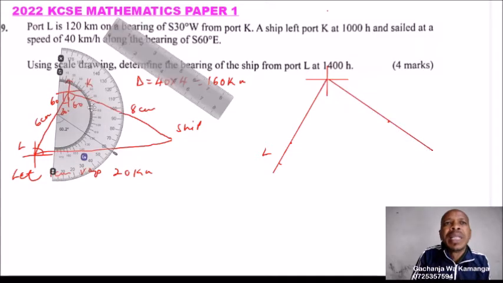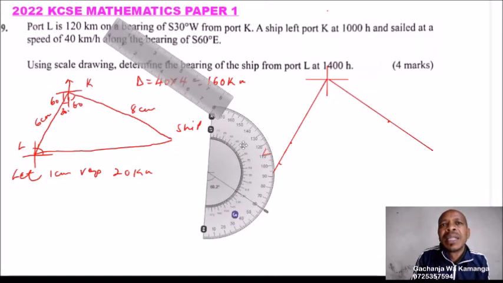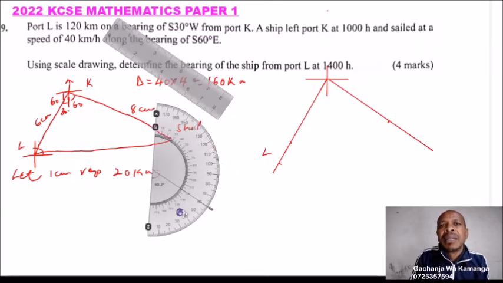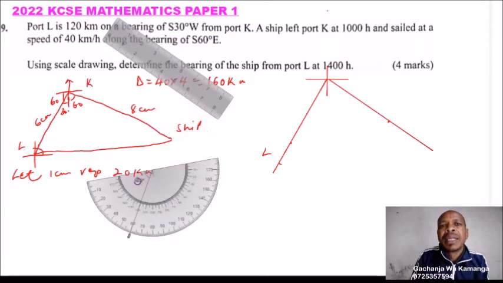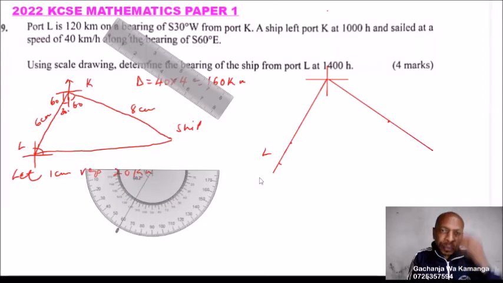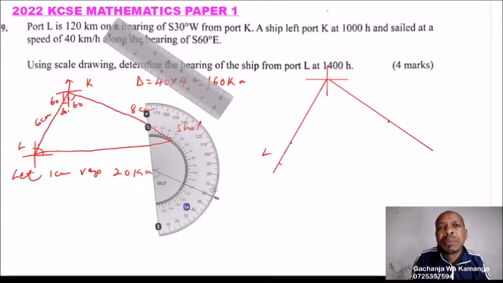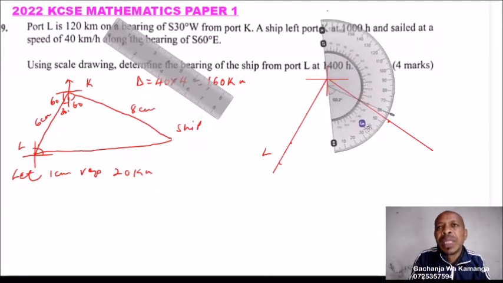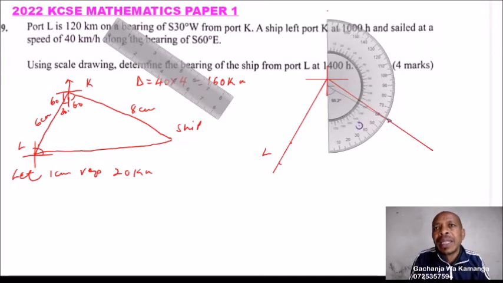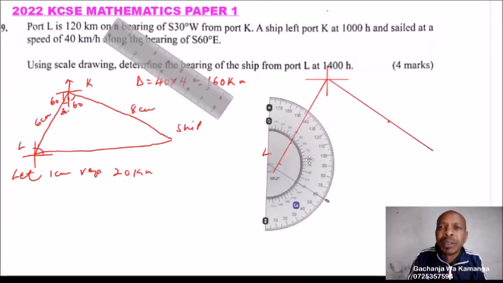So what we need now again is our compass at L, so that we can do that. I'm going to use this ruler, this line here, to help me draw a vertical line here.